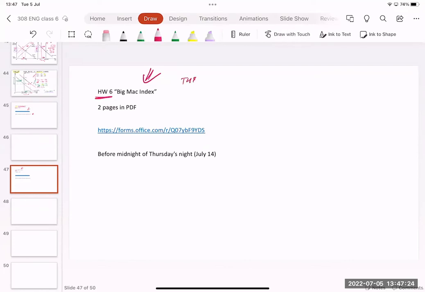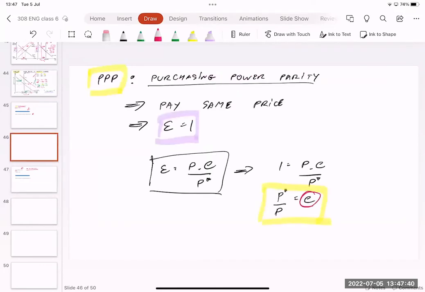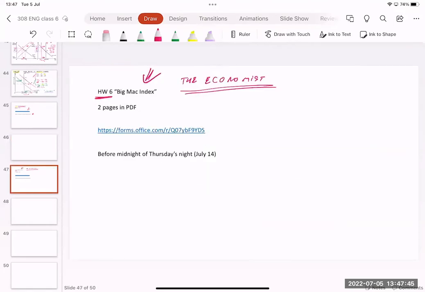This one was actually invented by The Economist, the economic magazine. Read about the Big Mac Index and how it's related to PPP, purchasing power parity. Write two pages and submit it in the link. The deadline is before midnight of next Thursday night.